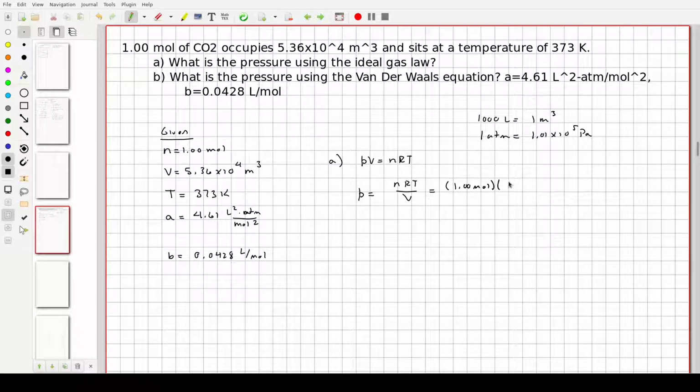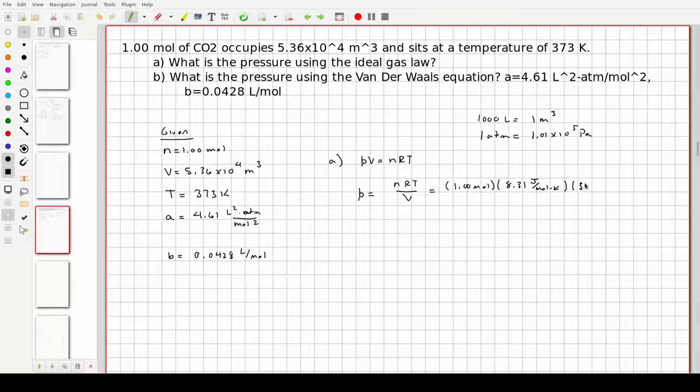R is 8.31. Let me make sure that's correct. For some reason, I'm thinking 1.3. Just to make sure here. 8.31, yeah. So 8.31 joules per mole Kelvin.